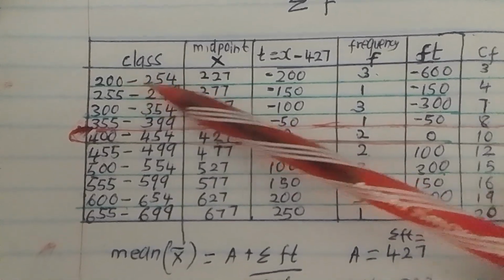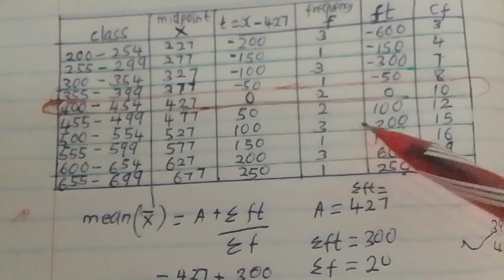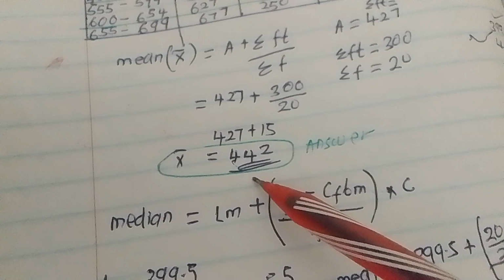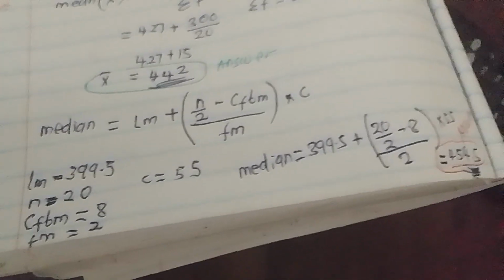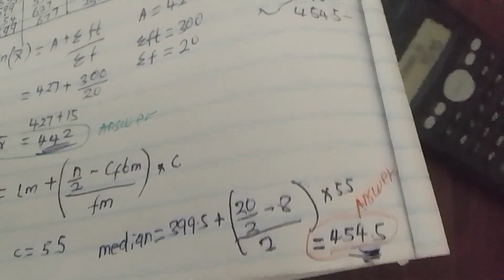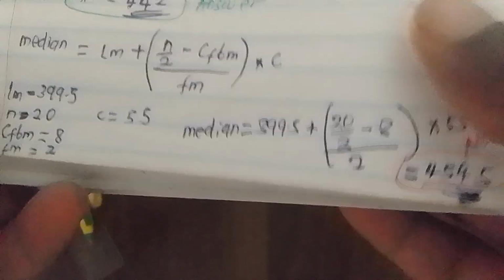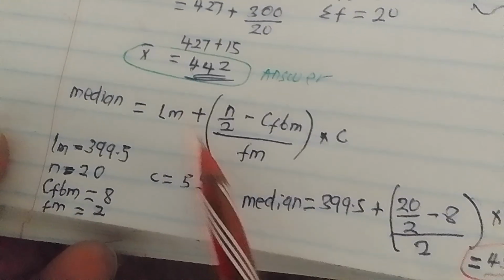It has a class width of 55. And we found the mean to be 442. And that's just something easy. Hope you have subscribed to our channel Londi TV. Then we found the median. This is the formula of finding the median.